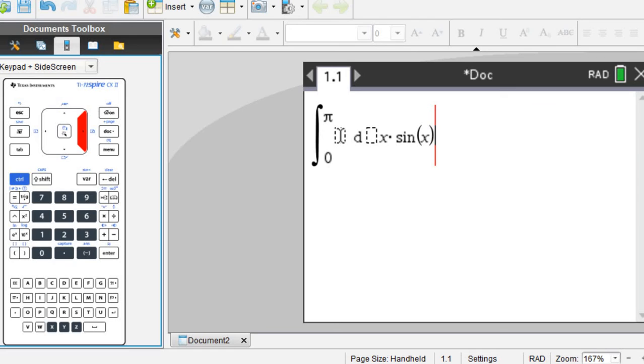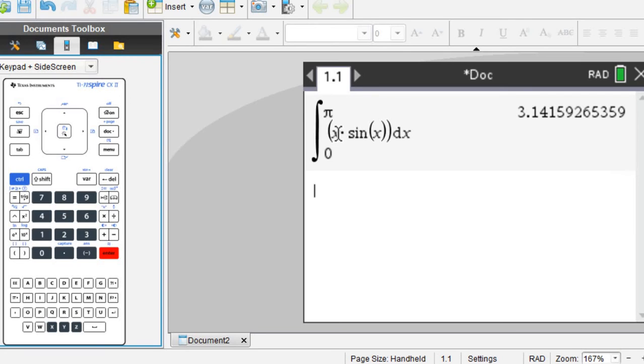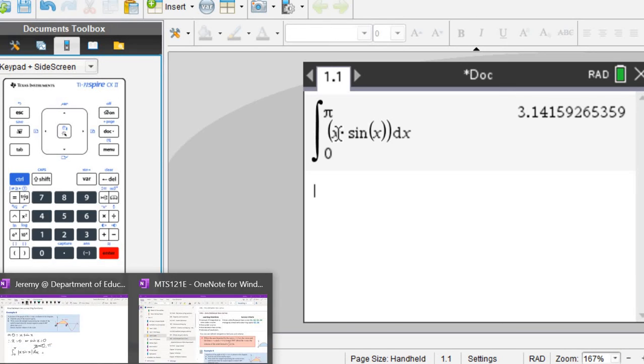My apologies. x times sine of x with respect to x. There we go. Looks remarkably like pi. Okay, so it's approximately 3.14.